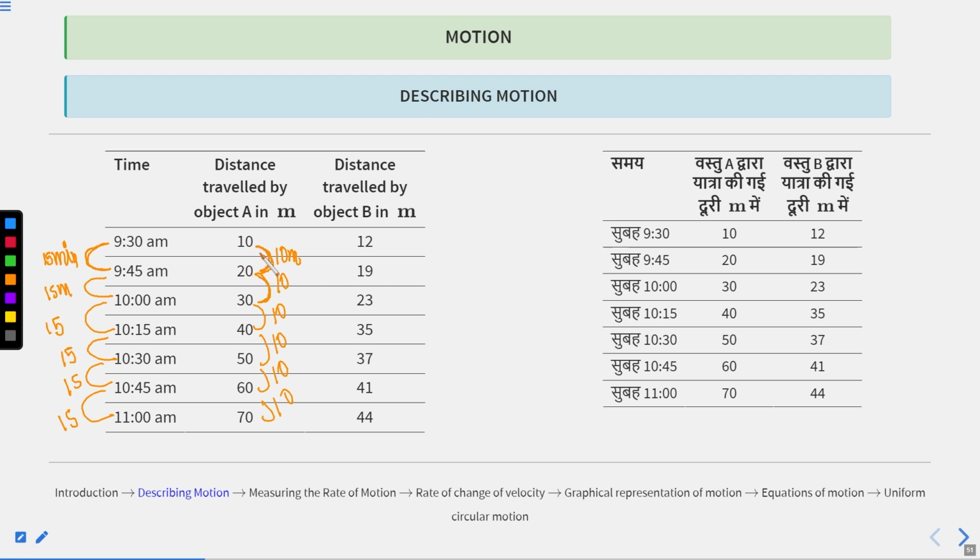So it has covered 10 meters in 15 minutes. So object A is covering equal distance in equal time intervals. So object A is in which type of motion? Uniform or non-uniform? Object A is in uniform motion.